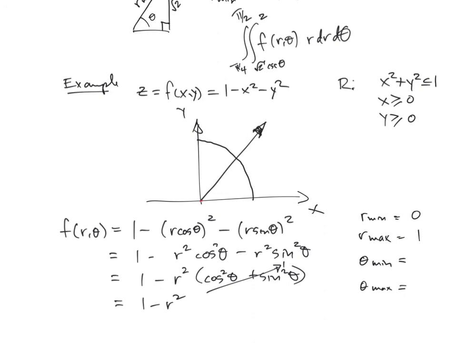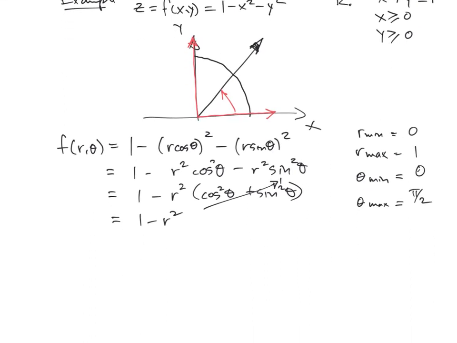The smallest value of theta is when I would draw it there. And then I'm going to sweep it in this direction until it leaves the region of integration, which is right there. Theta min is 0. Theta max is pi by 2, I heard.